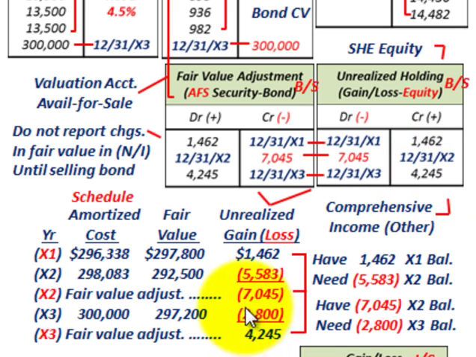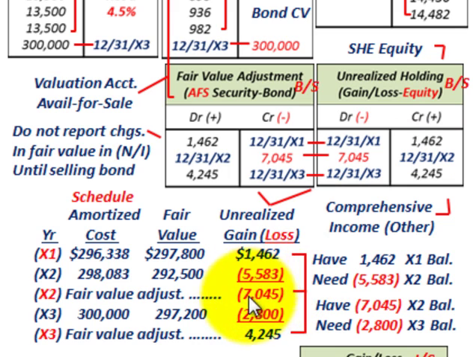So we're sitting here at $7,045, and that's a negative amount here, and that would be a debit to our unrealized holding gain or loss. But we have to get up to essentially a loss here of only $2,800, and the only way you can do that is add to it. In this case, you would be crediting your unrealized holding gain or loss by $4,200.